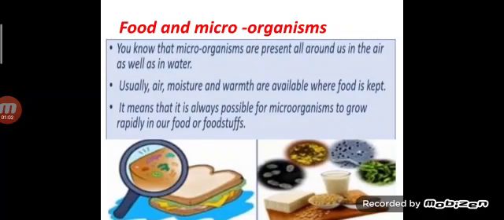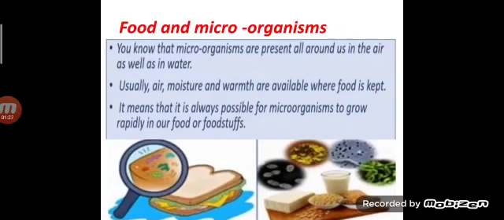We cannot see them because microorganisms are very tiny and they can only be seen through a microscope. Usually, air, moisture and warmth are available where food is kept. It means that it is always possible for microorganisms to grow rapidly in our food.